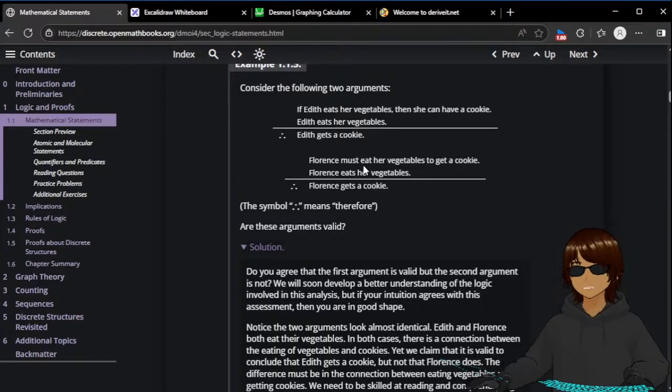Just because Florence ate her vegetables doesn't mean she will necessarily get the cookie, I think. Like she has the option to get the cookie now, but that doesn't necessarily mean she gets the cookie.